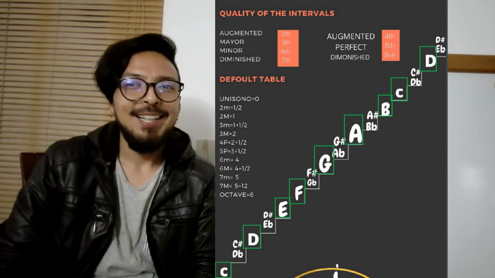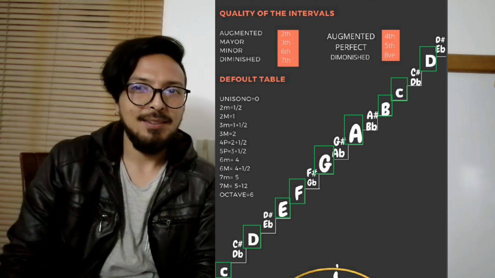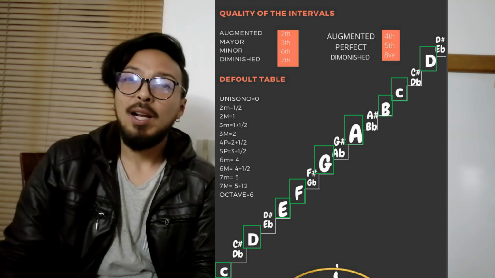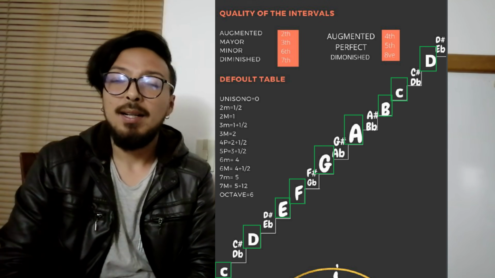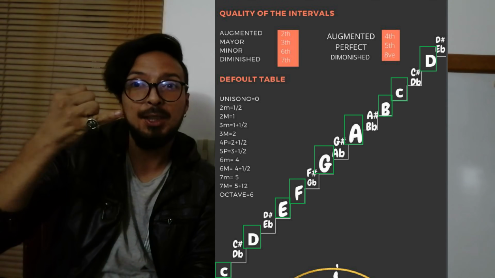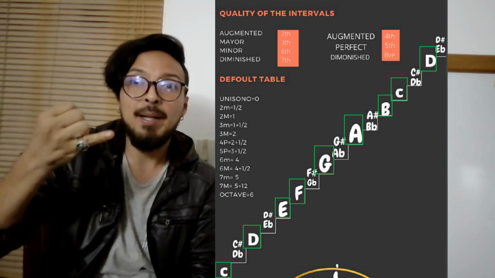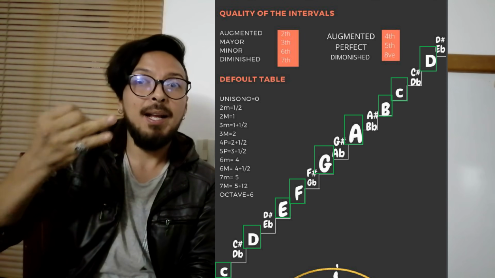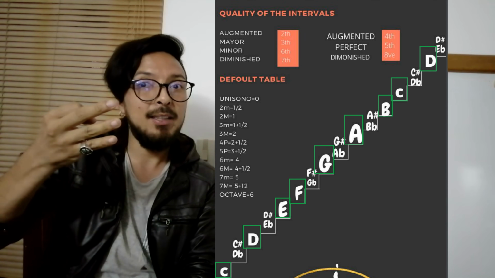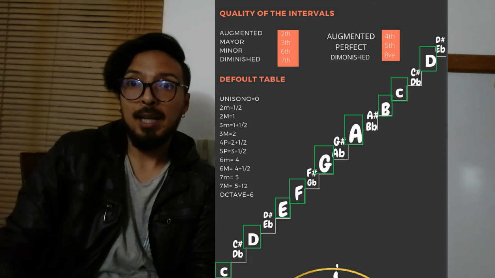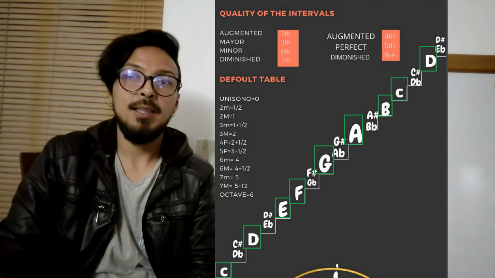No. So, F flat is the same as E. So what's the distance in our ladder? Between C and C sharp, half step. Between C sharp and D, half step. Between D and D sharp, half step. Between D sharp and E, half step. There are 2 whole steps or 4 half steps, right?